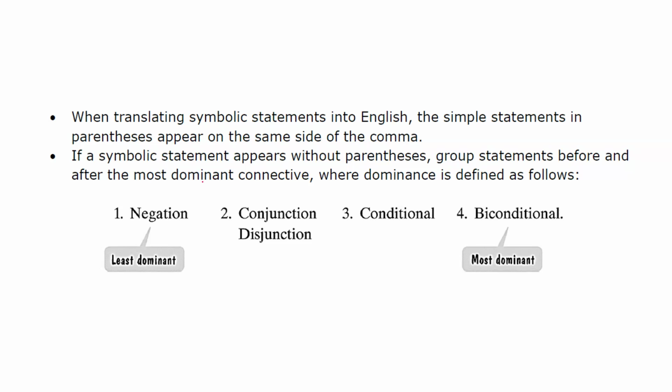You have negation, which is the least dominant. Then you have conjunction and disjunction. Then you have conditional, and then biconditional. Okay. Alrighty. Let's do some examples.